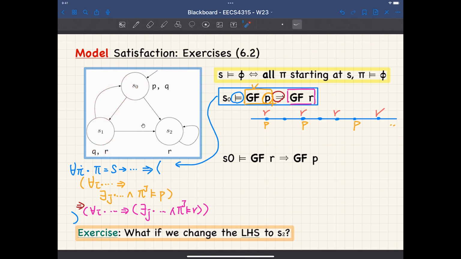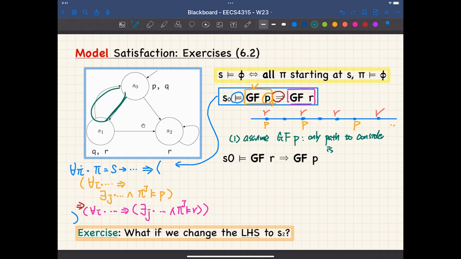Okay, I'll write it down. So here you can say, assume GFP, and this tells you the only path to consider is this guy here, S0, S1, S0, dot, dot, dot, okay?